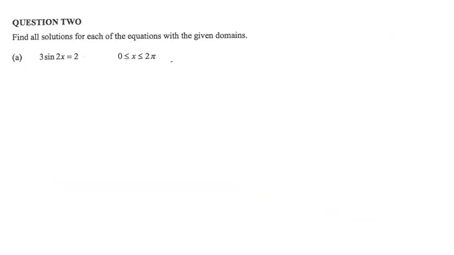Okay, so when you're doing these sort of questions, make sure you always start with some sort of basic sketch of a sine graph or a cos graph or a tan graph. The key points of this function are those two. Obviously pi over 2 and 3 pi over 2 are just as important. So the 3 makes the amplitude go up to 3, and the 2 there means my period is halved.